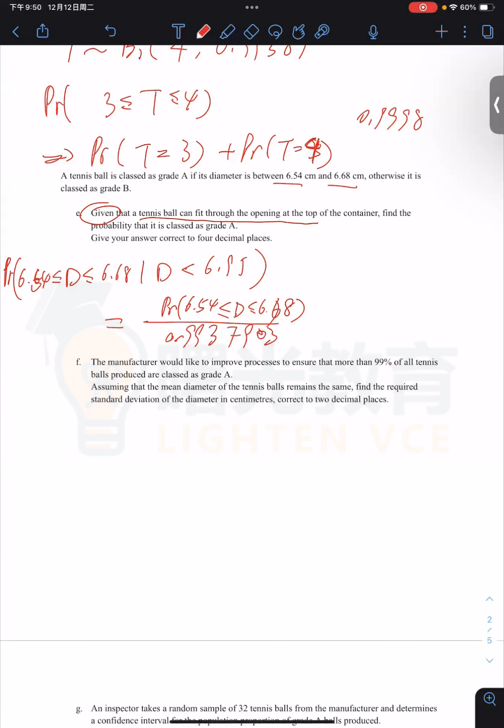0.9937903. The reason I use more than 4 decimal places is to avoid errors causing mistakes. Because if the question requires 4 decimal places and we adopt the rounded 4 decimal place answer from the previous question, we may have a tiny difference compared with using more precise values, like 5 decimal places or more. So there is no harm in using more decimal places during the calculations.